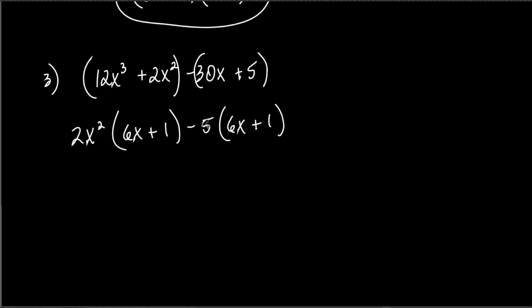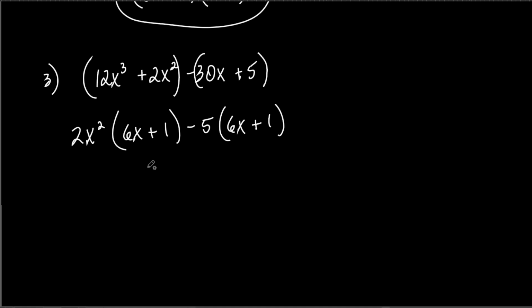Is this the same as this? Yeah, negative 30x, negative 5. Whoops, I lied. Yeah, that's right. That's still right, isn't it? Negative 30x, negative 5. Yep, that's negative 30x, and that would be negative 5. Yep, so we're good.